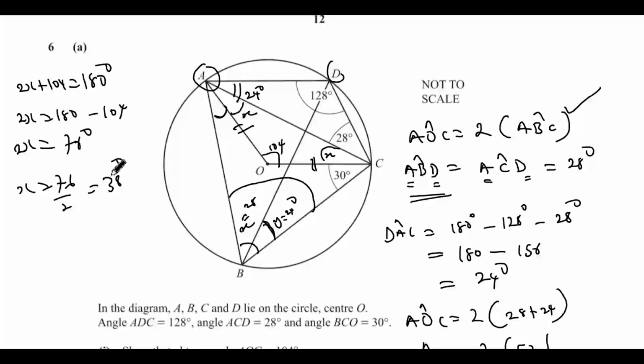So since we have this, and we know that this angle DAC, we've already calculated that to be 24, and we know angle OAC now, which is 38. So we can now use the concept of opposite angles of a cyclic quadrilateral.